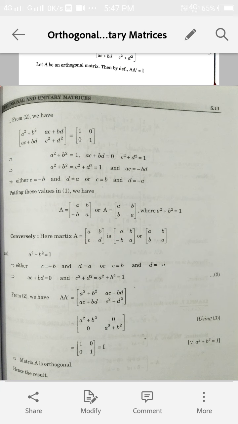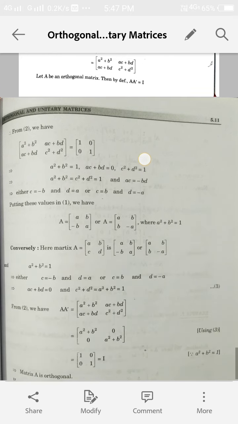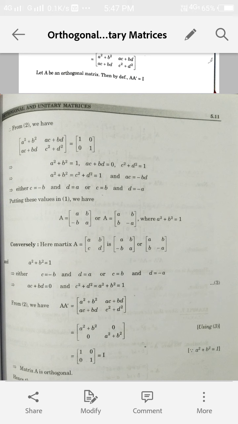So to satisfy this property that ac is equal to minus bd, we take these two cases. Either c is equal to minus b and d is equal to a, or c is equal to b and d is equal to minus a. We put these values in equation 1, that is matrix A. So from here we find A in two forms, and here a square plus b square is equal to 1. This is our first part.